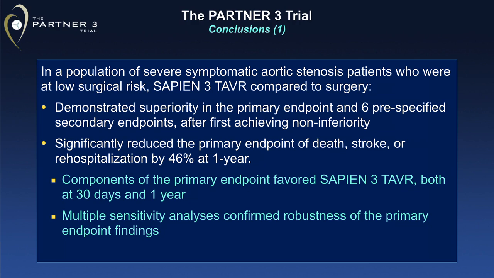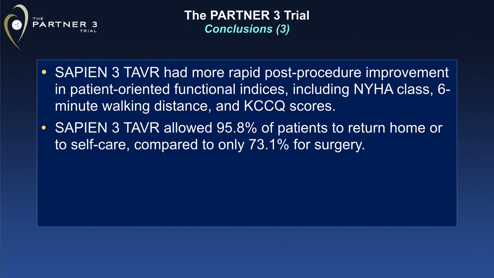And a lot of analyses were done to show that the data is quite robust statistically. And then, of course, patients felt better sooner, like we mentioned. We talked about the 6-minute walk test and patient scores, questionnaire scores, functional status, and also that patients went home more often from the hospital and sooner than with surgery.